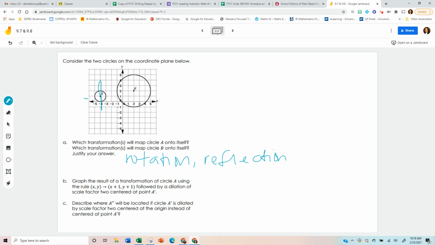If I reflect circle A across this line, it's still going to look the same across the diameter. So let me just get rid of that because that was ugly. Same thing with B. If I were to reflect it across the diameter, so we can say reflection across any diameter would keep the circle the same, right? If I reflect it across that, it's going to stay the same. So our reflections are going to keep things exactly the same.